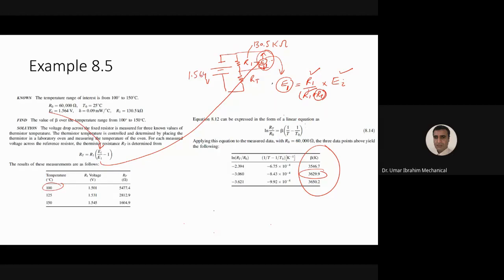Okay, now do you understand what is being tried to convey in this example? We want you to be sensitive to the fact that the beta value of a thermistor is not constant, even though the manufacturer data sheet may provide you a single beta. In reality, beta is a function of temperature, and that beta will vary a little bit for different values of temperature.